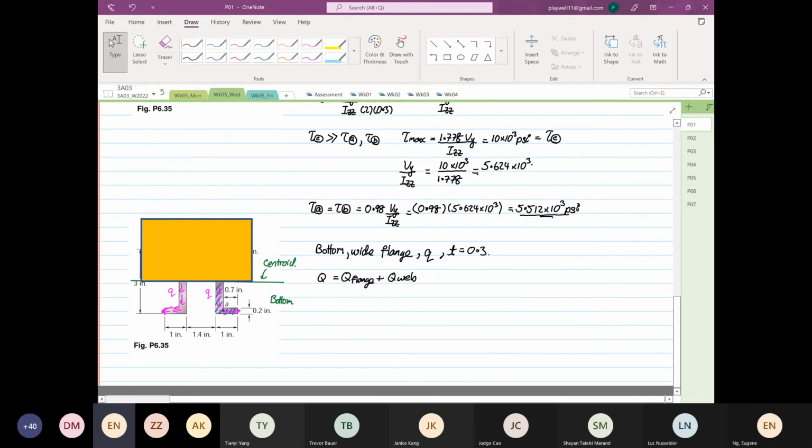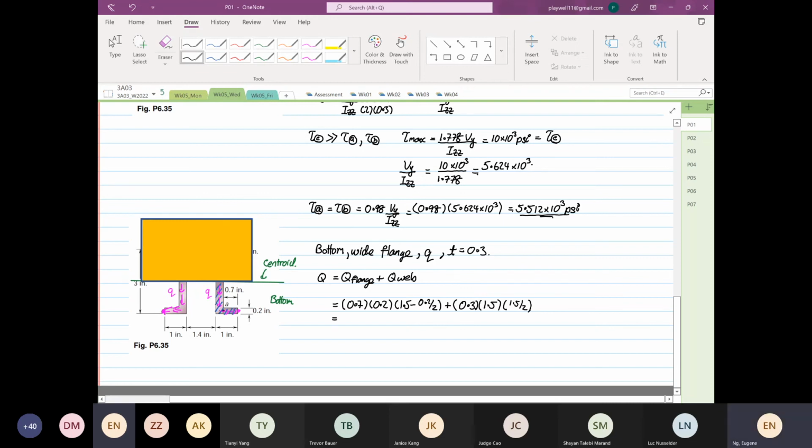For Q of the flange, the width is 0.7, the depth is 0.2, and the y bar is 1.5 minus 0.2 divided by 2. For Q of the web, the width is 0.3, the depth is 1.5, and the y bar is 1.5 divided by 2.